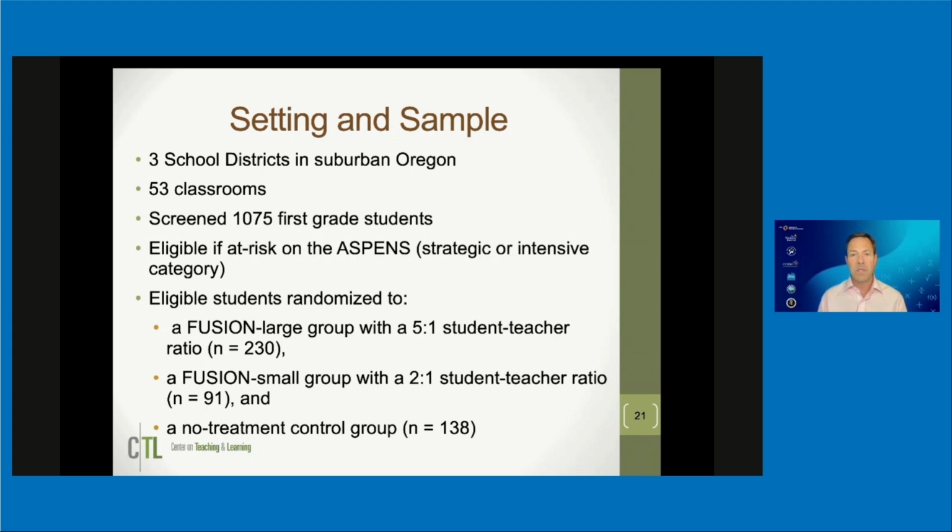It had students do things like identify missing numbers, compare magnitudes to see which magnitude was greater, and identify numerals. We got a score on that. If they fell into the strategic or intensive range, they were eligible for the intervention. And again, we randomized those students into control, Fusion large group, or Fusion small group.